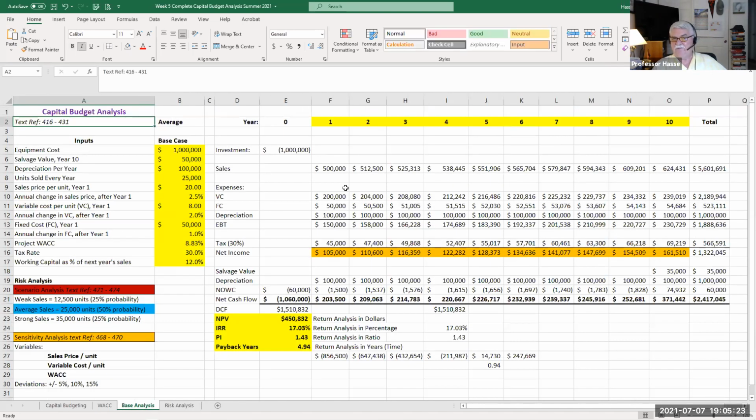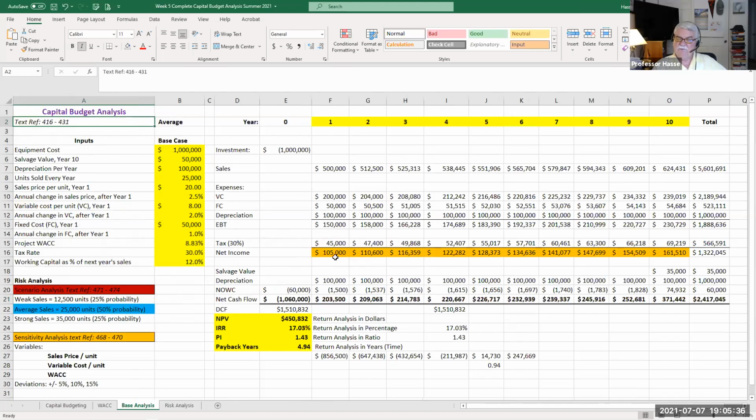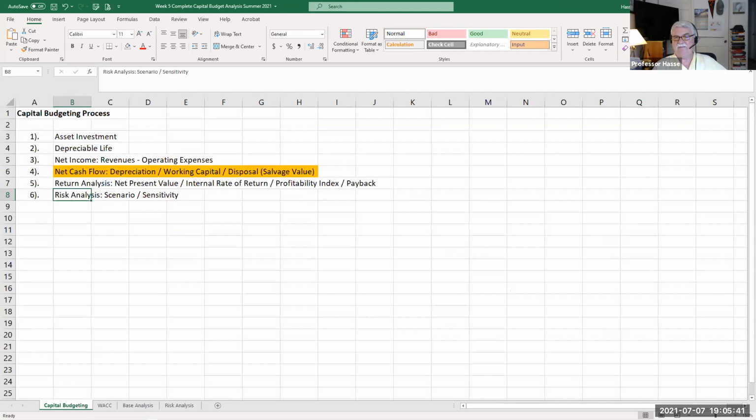I'll give you this, so you don't have to worry about calculating any of this stuff. But you'll have to worry about calculating this. And we'll do that calculation next week. But this week, review it. Make sure you bring yourself up to speed about this process of capital budgeting. How much are we investing? What's the depreciable life?